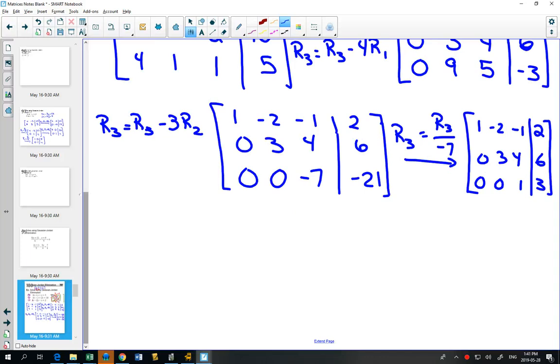Now that we've got that 1 in the bottom right-hand corner, it's going to be easy to move upwards and get the zeros above. So what I can do is I can say row 2 is going to equal row 2 minus 4 row 3s, and row 1 is going to equal row 1 plus row 3.